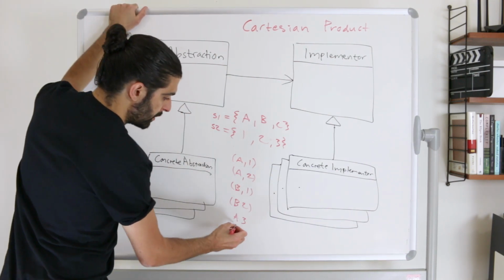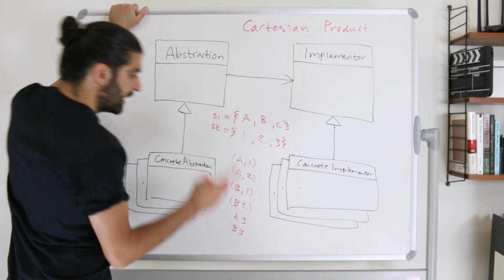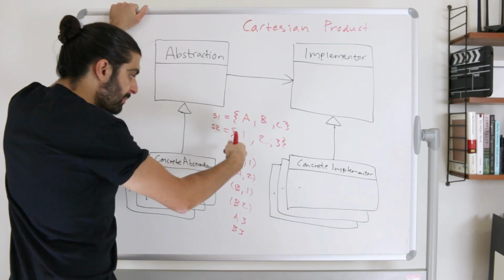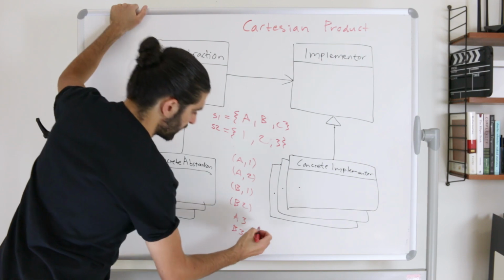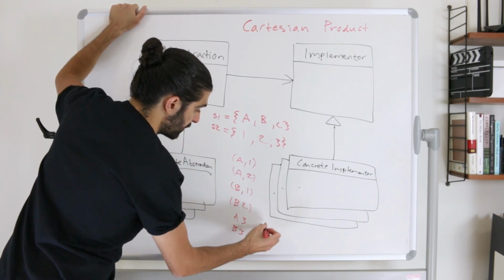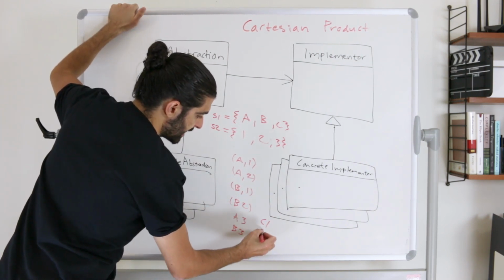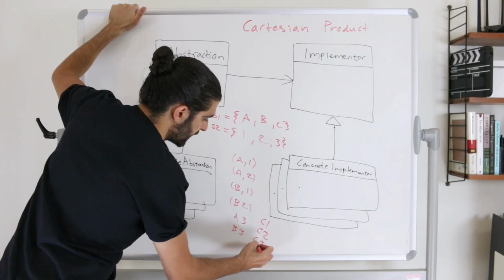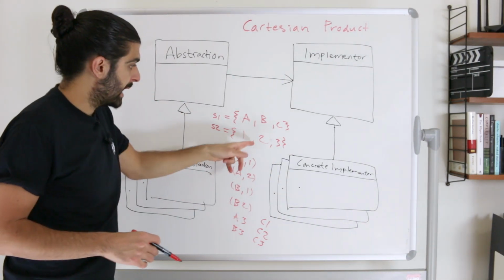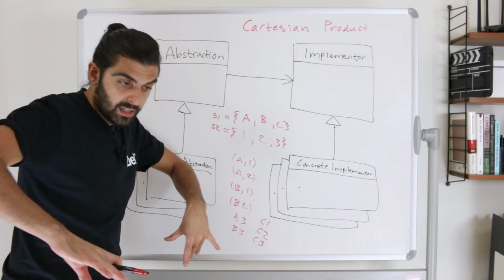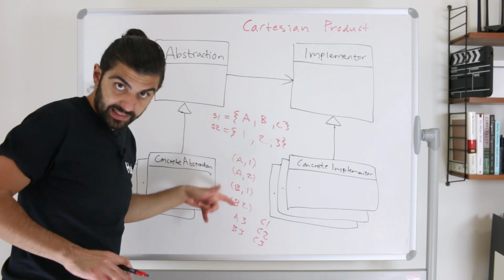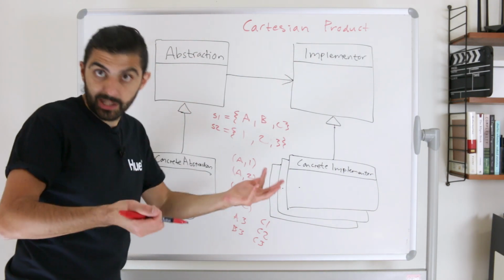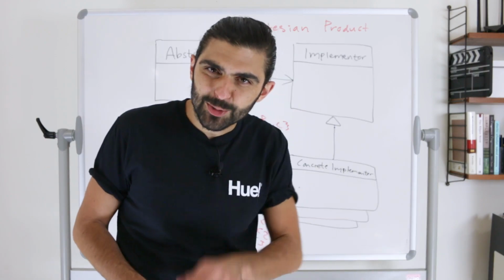And then we have B1 and B2, but we now also need to have B3. But we need to do the same thing again for C as well. So we also need to put the pairs C1, C2 and C3 in this same set. So you can see how as we add more elements to these sets, the number of elements in the Cartesian product exponentially increases. But what does this have to do with the bridge?